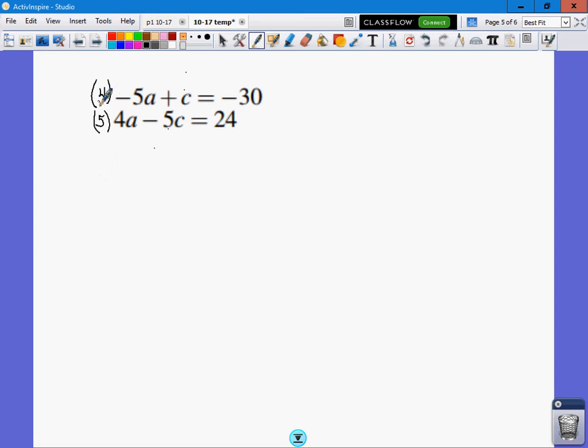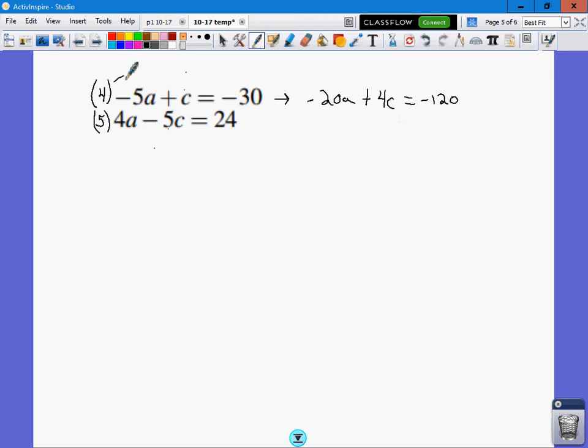What you're going to do is multiply everything in the entire equation by that 4. So when I do that, it leaves me a negative 20a. It leaves me a positive 4c. And it leaves me a negative 120.